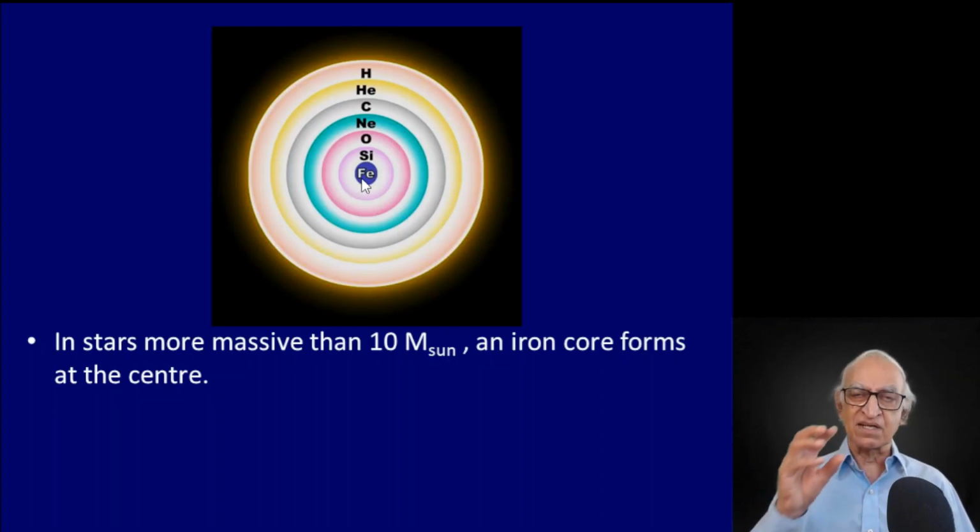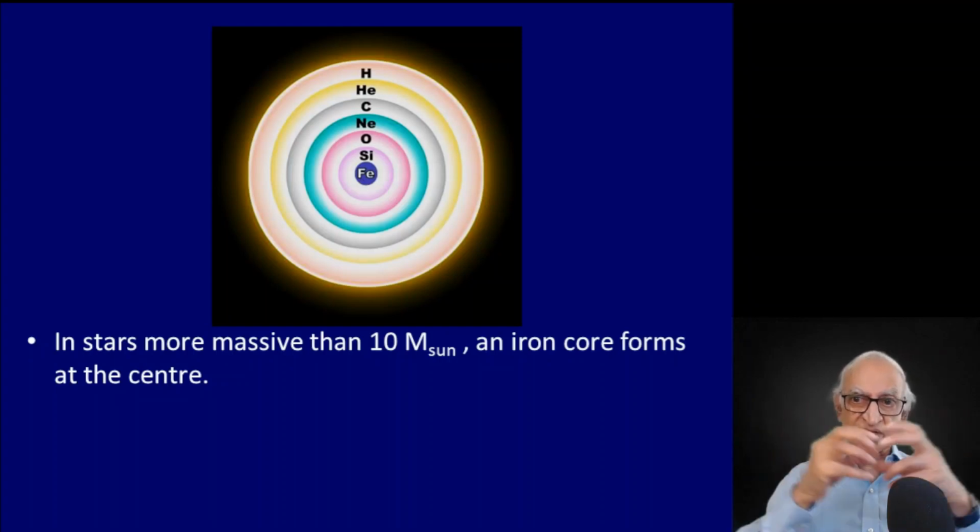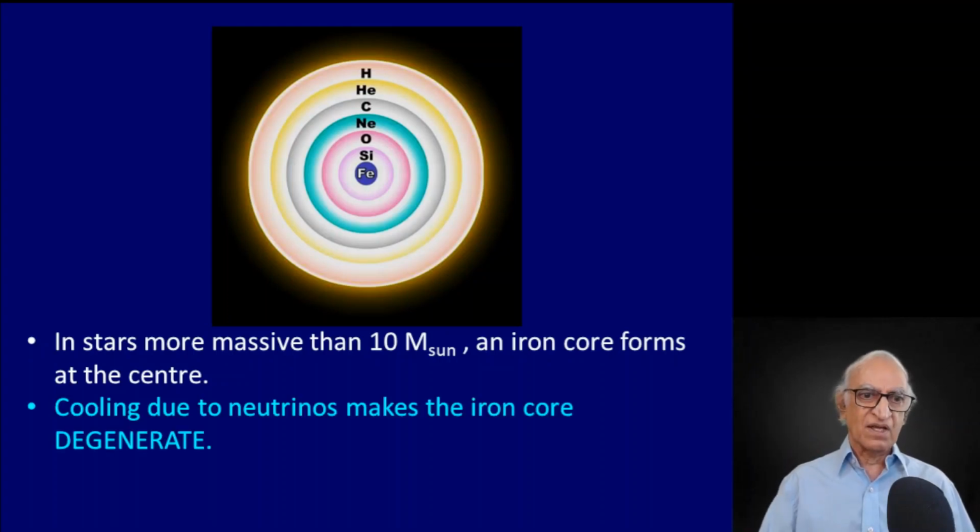Right in the center, you have an iron core, which is formed when silicon fuses to form iron group of elements: iron, nickel, and cobalt. Now, in this reaction, there is a tremendous neutrino luminosity associated with this.